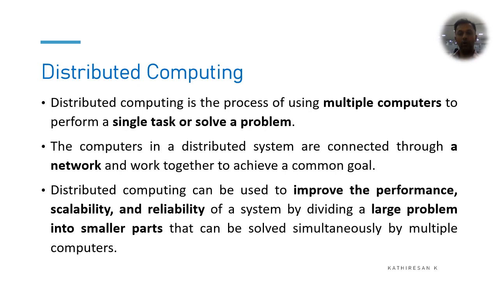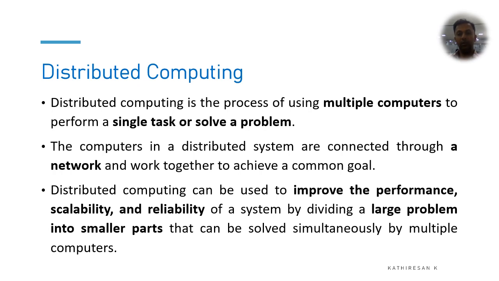For example, if one group is struggling with their task, the others can step in and help. If one group finishes early, they can help the others with their task. And if one group has a problem, it won't affect the other groups as much. So this is similar to how distributed computing works.